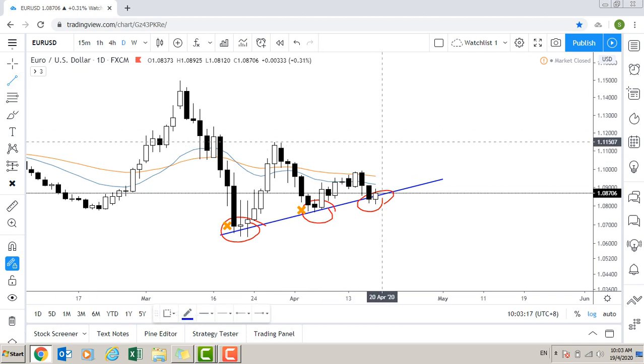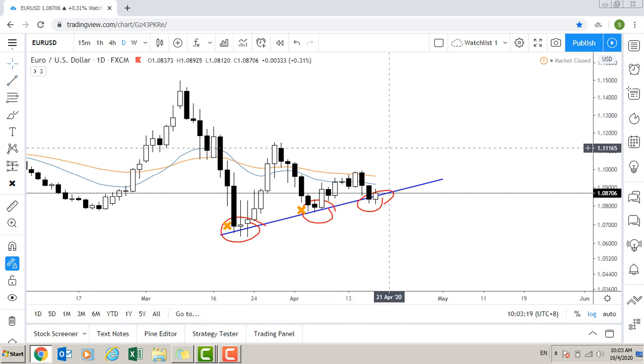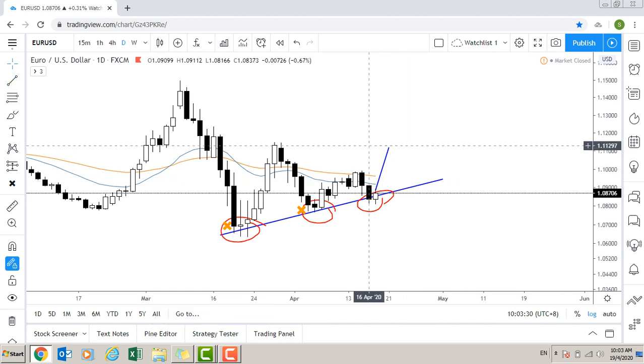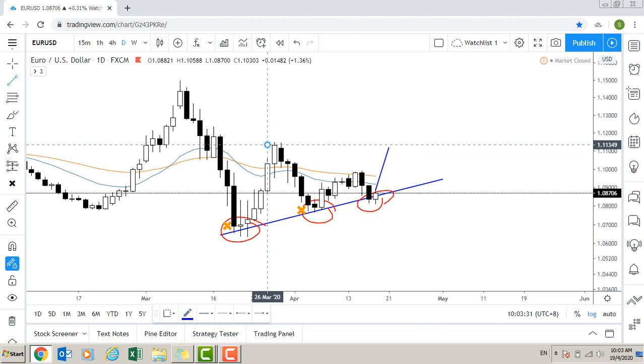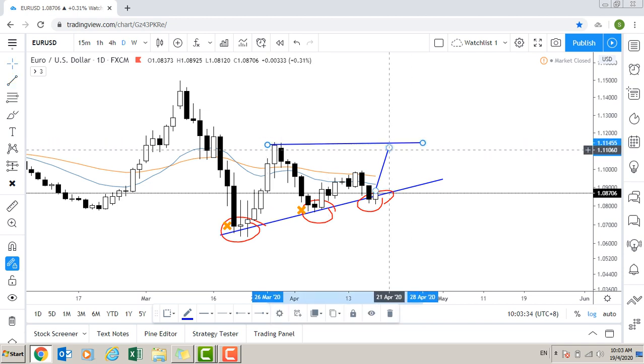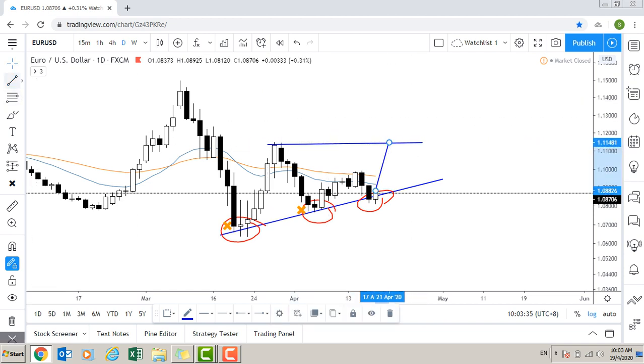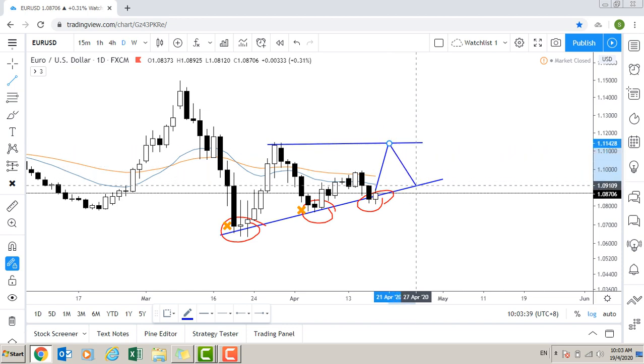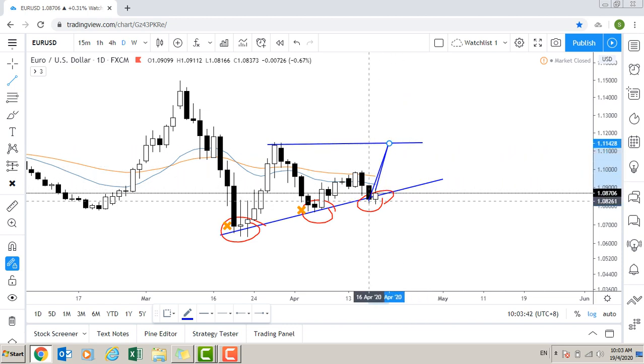In that case, if I were to sell, let's say you have a bearish view on this pair. If you reach this point, you say, oh, this is the resistance area that I should look at, I should sell here. But if you look closely, the price might not be able to come back to this level.